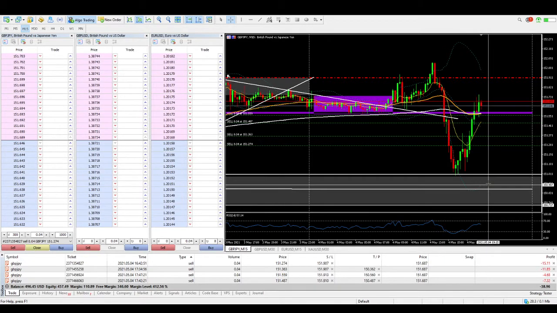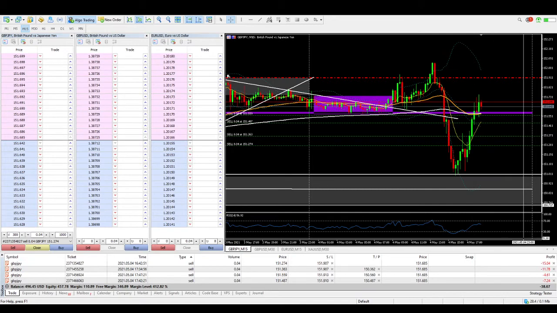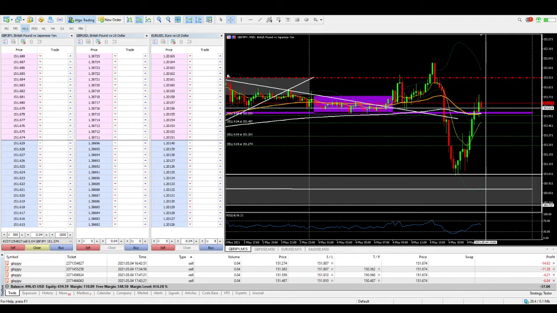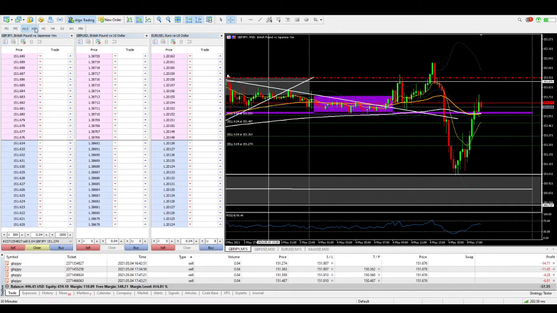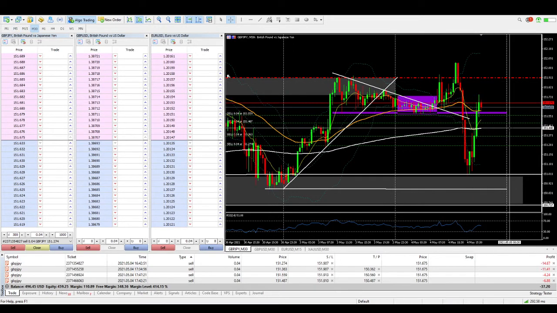So this is the 30-minute candle. It's still in Bangkok, it's 10:35. So for the next candle, for 30 minutes, let's see how this behaves. Oh, this is 15, 30 here.